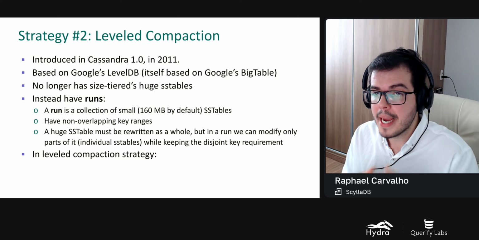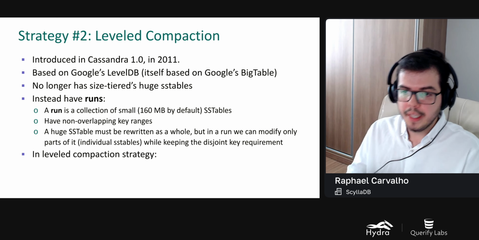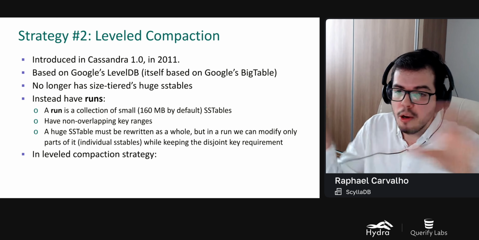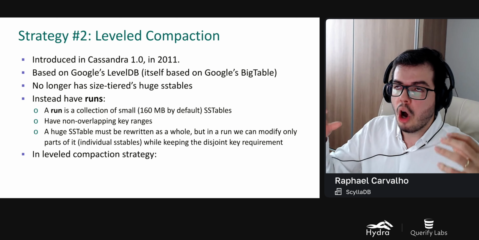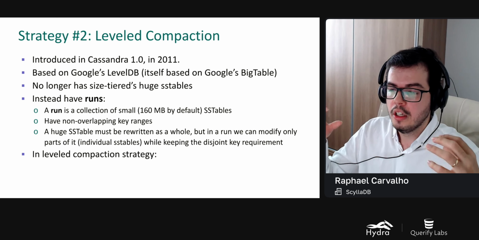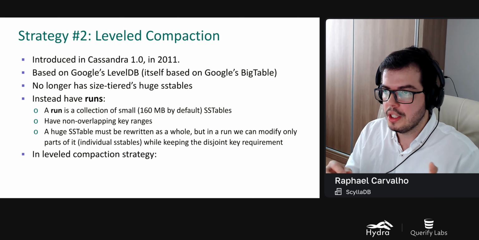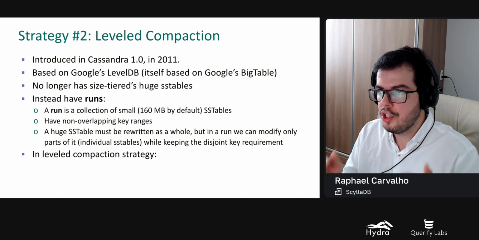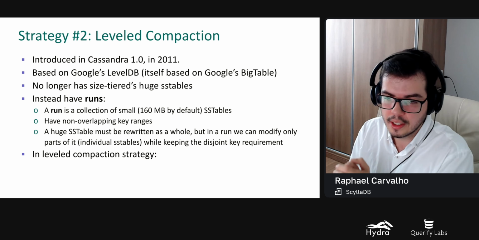The basic idea behind the leveled policy is that we are no longer going to have those huge files of exponentially large size, because in tiered policy we have those tiers, those buckets of exponentially larger sizes.